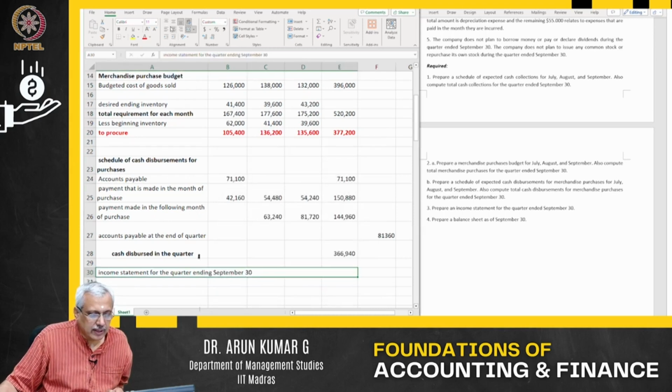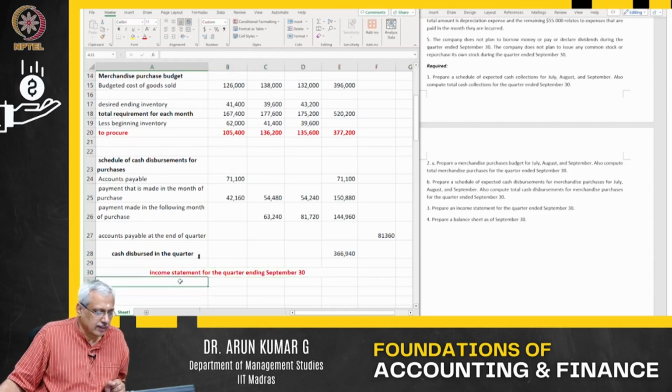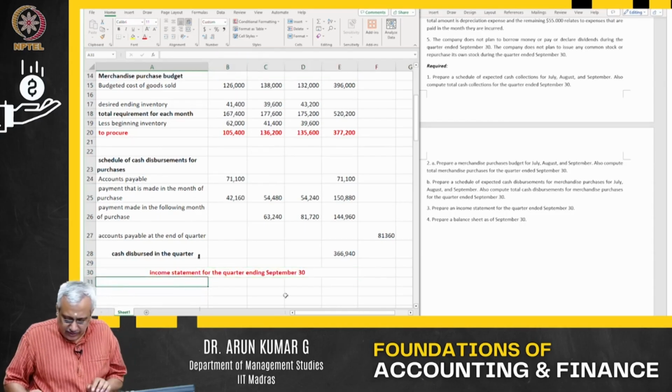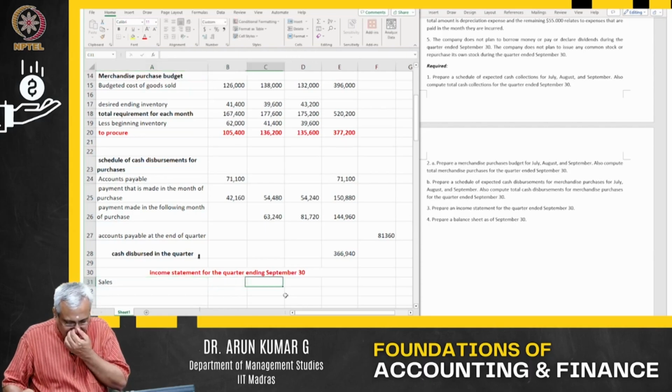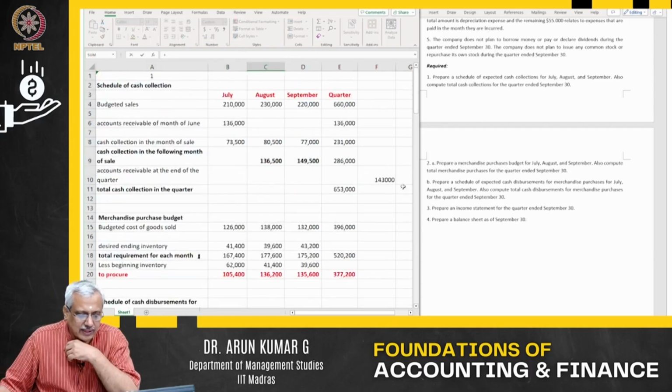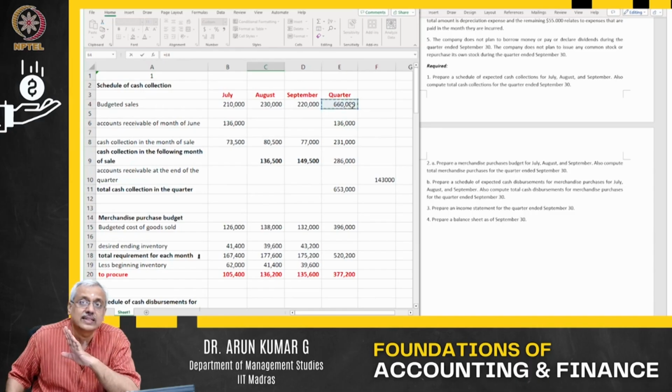First thing in the income statement, sales. What is the value of the sales? The value of the sales in this quarter is 6,60,000, straight away from here.